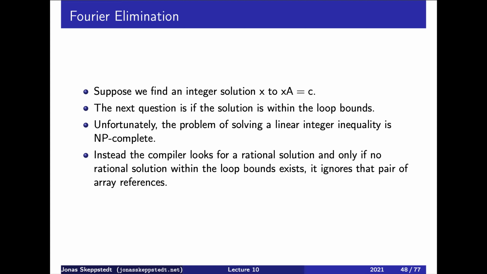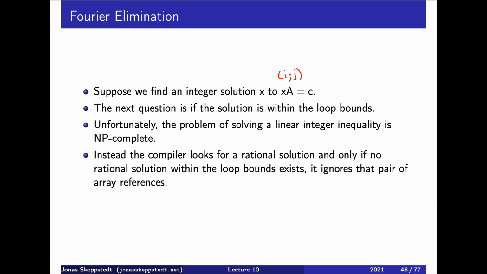Say now that we found an integer solution to this equation, where x is the two index vectors with index variables for each of the two references that can access the same matrix element.